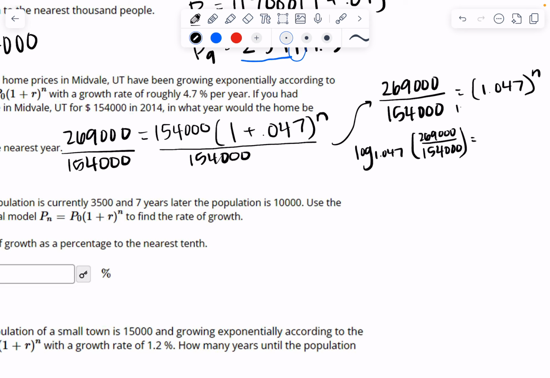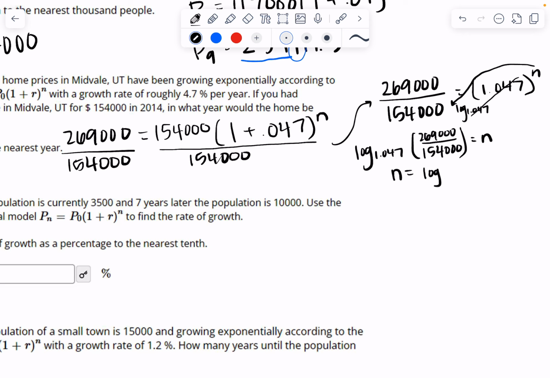And then if we do that on both sides, then the n can come down in front, and then the log base 1.047 of 1.047, they just cancel out. They simplify to 1. So then we can just do the change of base formula.